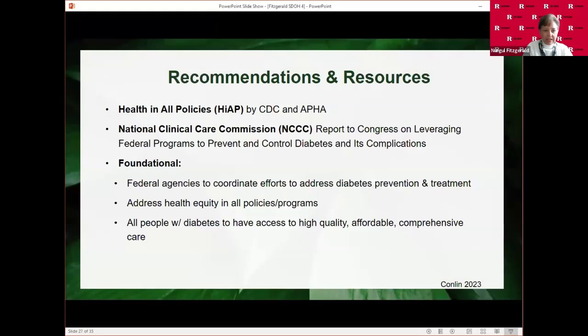And it's been used in the National Clinical Care Commission's report to the Congress about preventing and controlling diabetes and its complications. So it presents strategies at the foundational level, what federal agencies can do for diabetes control and prevention, keeping Health in All Policies and related social determinants of health in mind.